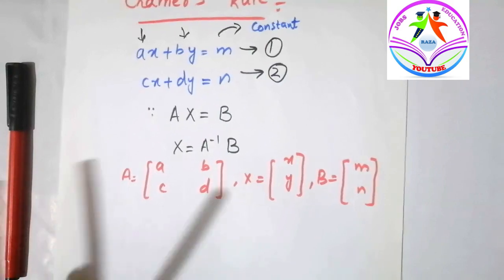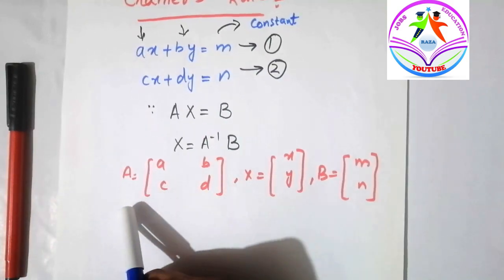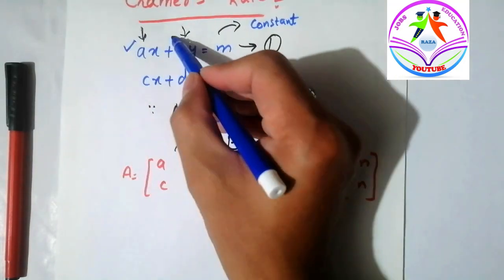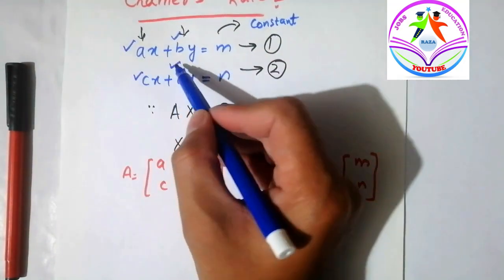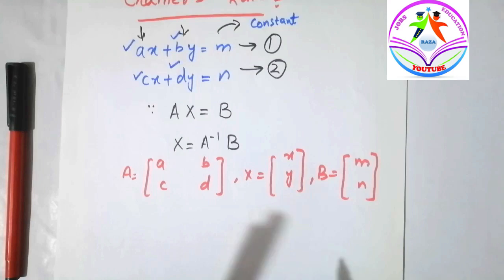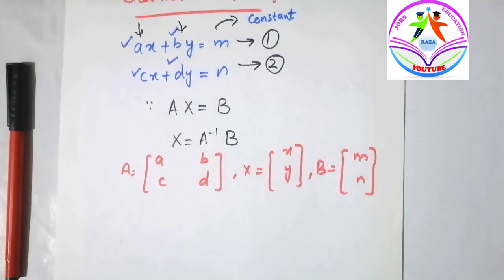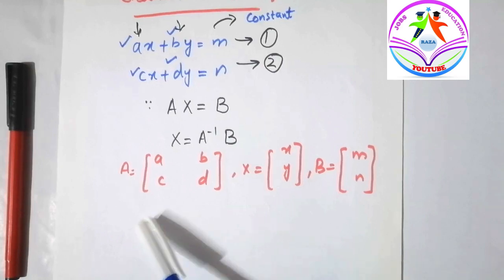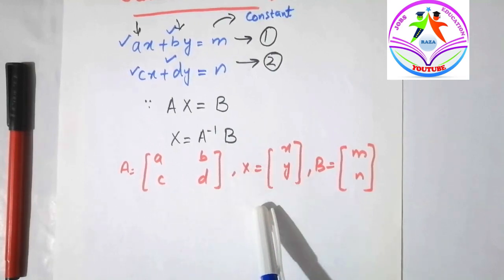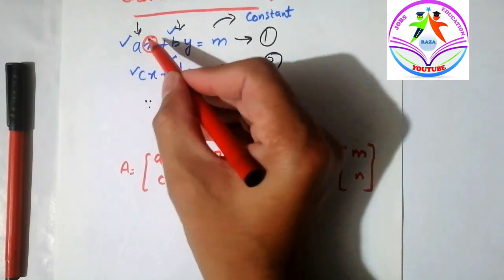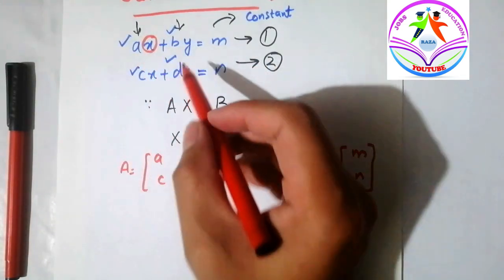So here we make an A matrix, like A is equal to [a, b; c, d]. We write this A matrix using these two equations and put these values in a matrix. And we make an X matrix, in which we write the x and y values.